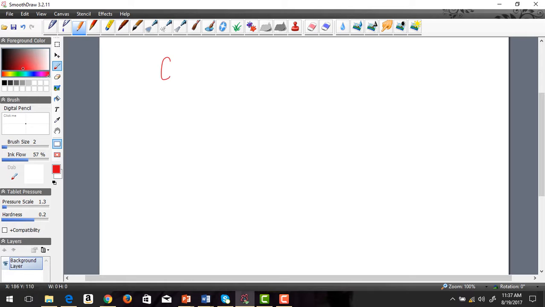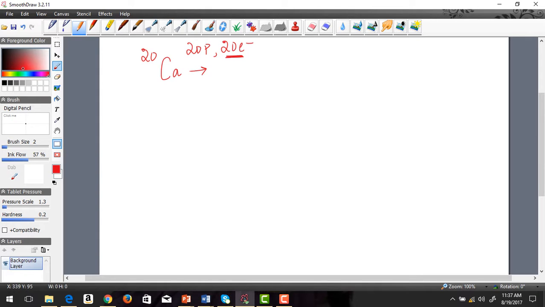The first element we had was calcium, and its atomic number is 20, right? And that means we've got 20 protons and 20 electrons. As always, we pay our attention to the electrons when we write our electronic configuration.